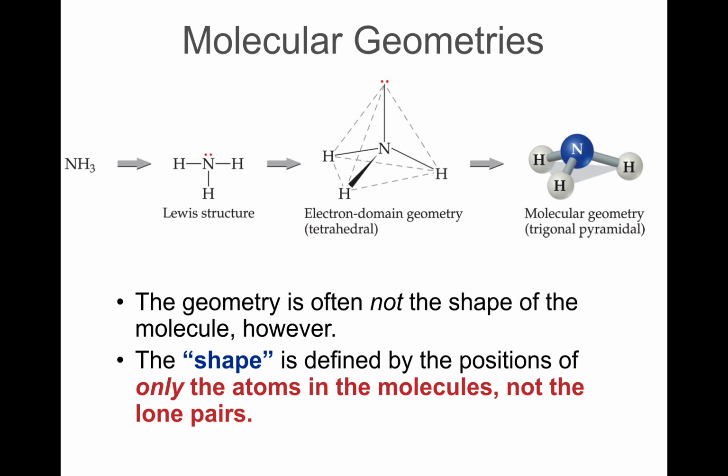The geometry is often not the shape of the molecule. It's the shape that's defined by the positions of only the atoms in the molecule, not the lone pairs. So we're focusing a little more on the atoms in it and a little less on the electrons around it.